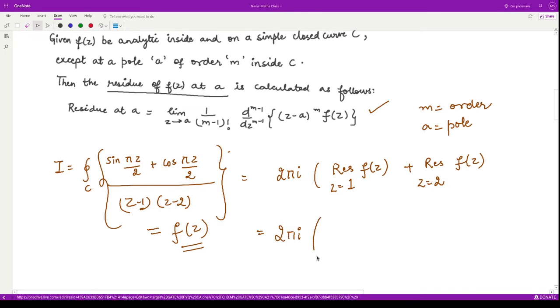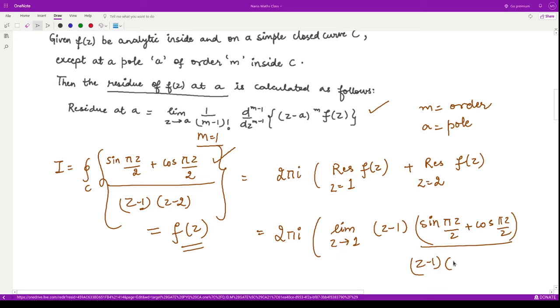So let us calculate this. We would have 2 pi i. In order to calculate the residue at the point z equal to 1, the value of m is equal to 1 here, so the 0th order derivative would be meaningless. It would simply be the limit as z goes to 1 of (z minus 1) raised to power 1 multiplied by this f(z), that is (sin(pi z/2) plus cos(pi z/2)) divided by (z minus 1)(z minus 2).